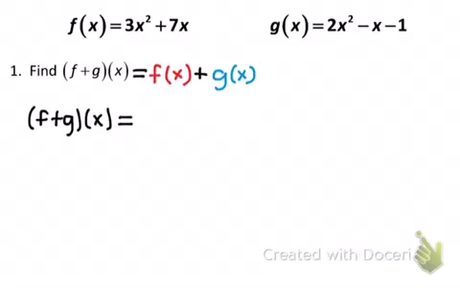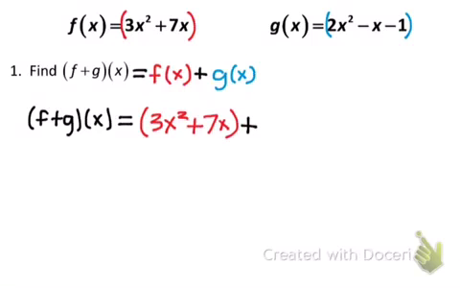f(x) is given to us, represented by 3x² + 7x. So we'll write (3x² + 7x), add that to my g(x) function, which is (2x² - x + 1).